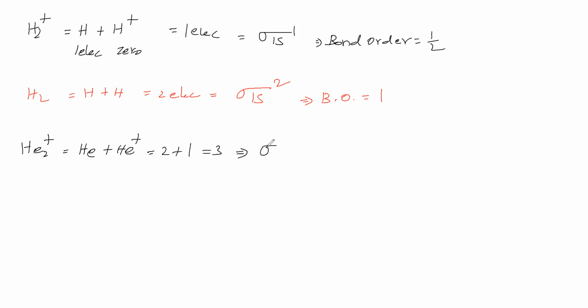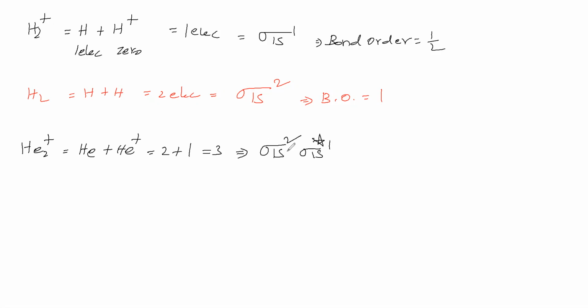The least energy molecular orbital is sigma 1s, the next higher is sigma star 1s. One orbital can take a maximum of 2 electrons, therefore give 2 electrons to sigma 1s and the remaining 1 electron to sigma star 1s.